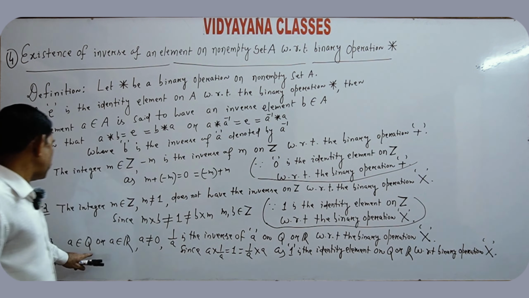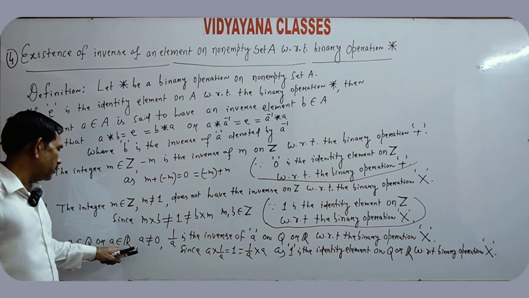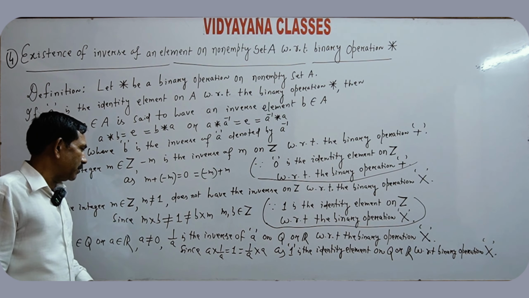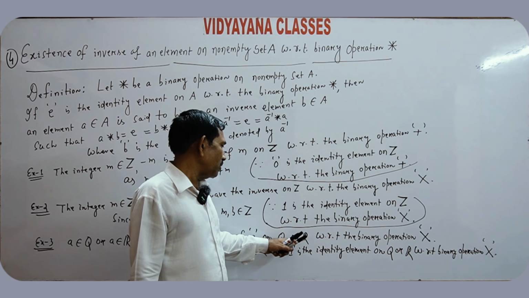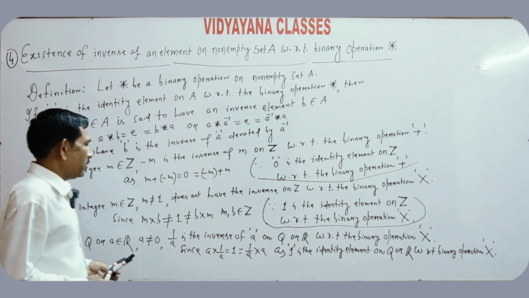Clear? a belongs to the set of rational numbers or a belongs to the set of real numbers, a not equal to 0. That means 1 by a exists, is the inverse of a on the set of rational numbers or set of real numbers with respect to the binary operation multiplication.